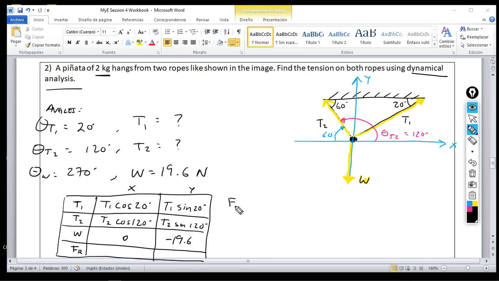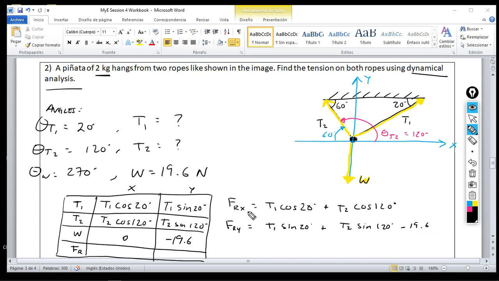I'm going to say FRX is equal to T1 cosine of 20 plus T2 cosine of 120 plus 0, so I don't add anymore, and FRY is equal to T1 sine of 20 plus T2 sine of 120 minus 19.6.